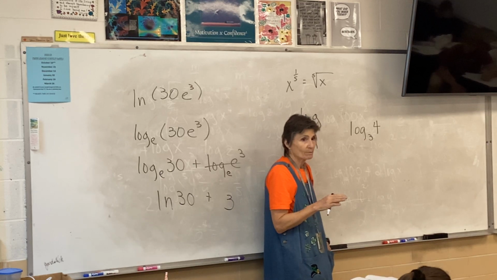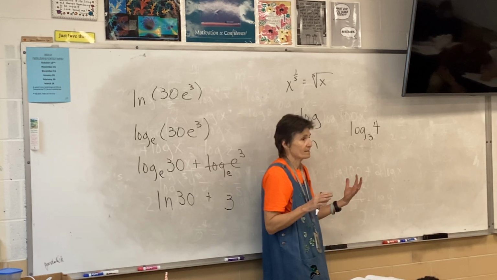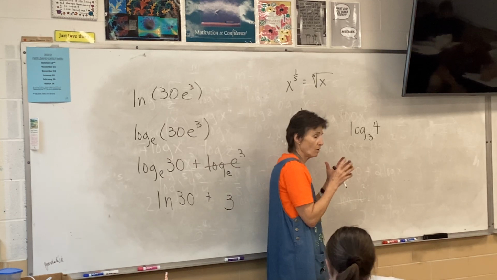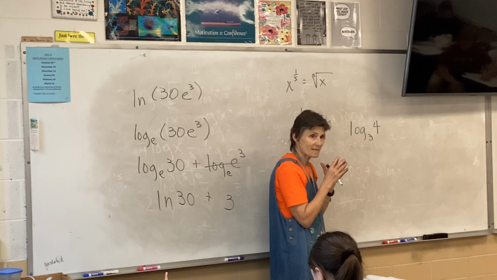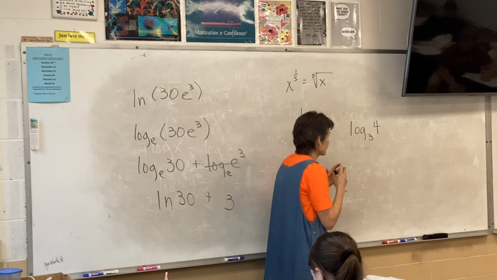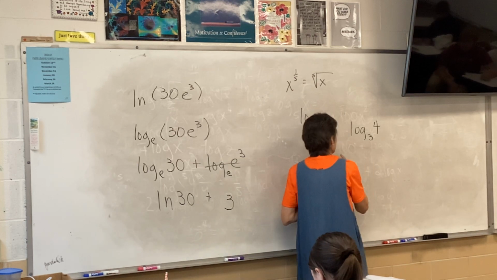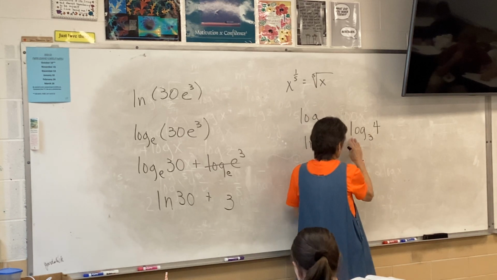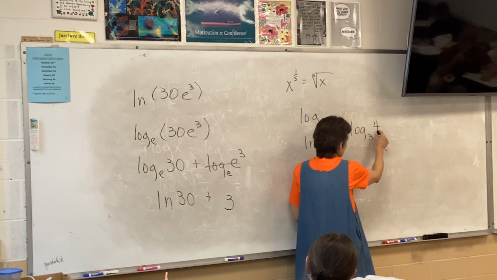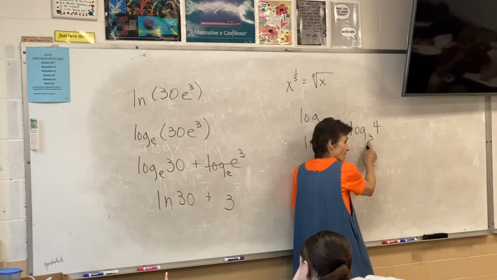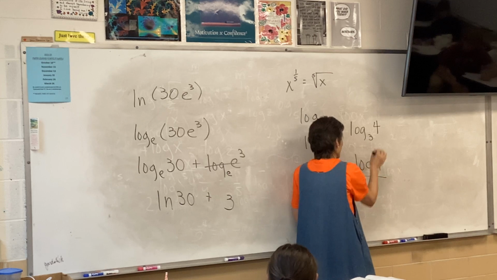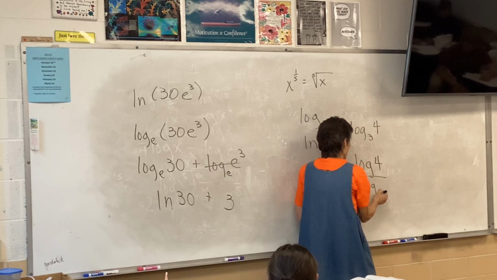As it turns out, it's amazingly simple. There is something called the change of base formula, and it works like this. When you look at that problem, this number is a little bit above this number. So I'm going to make a fraction, and I'm going to do the log of 4 over the log of 3.